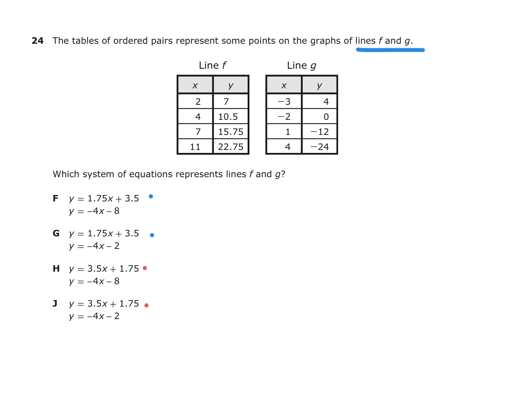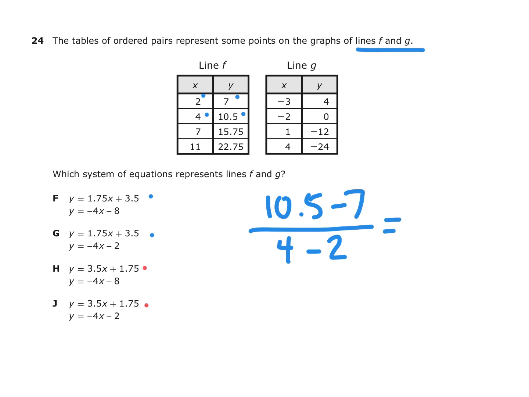So using the given information for F, we could find the slope for line F. So the slope for line F, we can say y2 minus y1. We could do 10.5 minus 7, taking this one minus that one, divided by 4 minus 2, the difference in the x's.